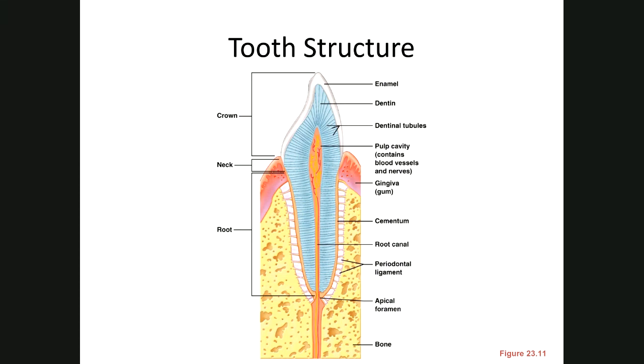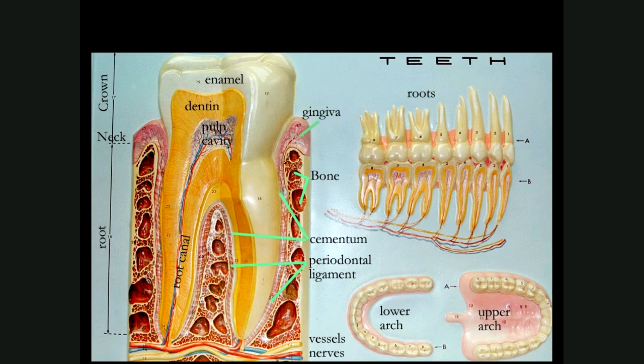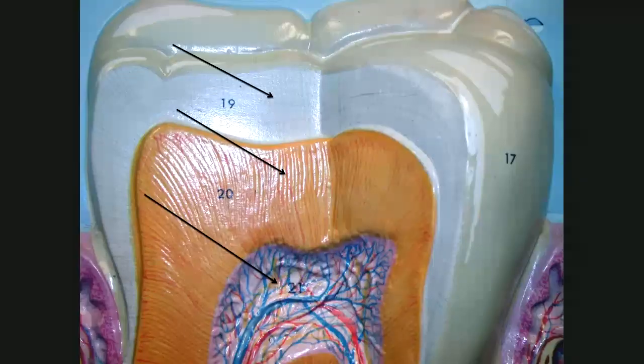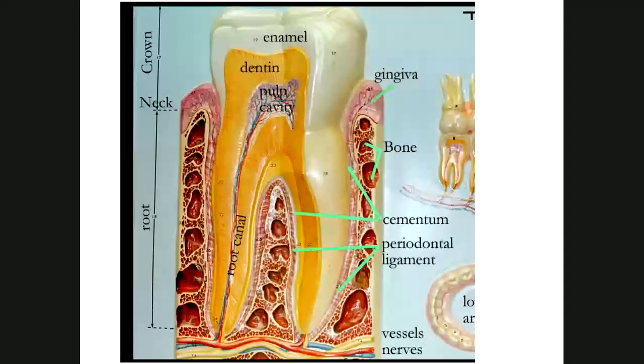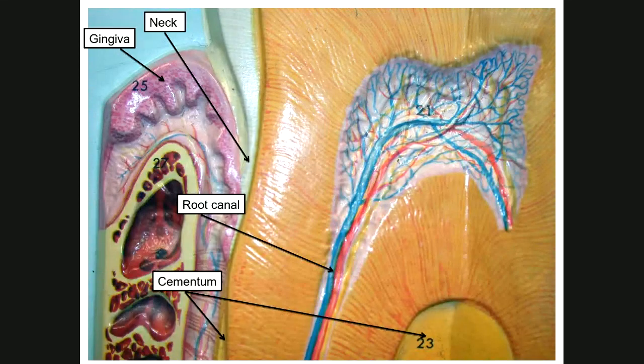It is attached to that cementum, and then it's attached to the bone. And so it holds the tooth in its socket. So layers again. There's our 3 layers. We come down here. We can see the root canal. There's that cementum.